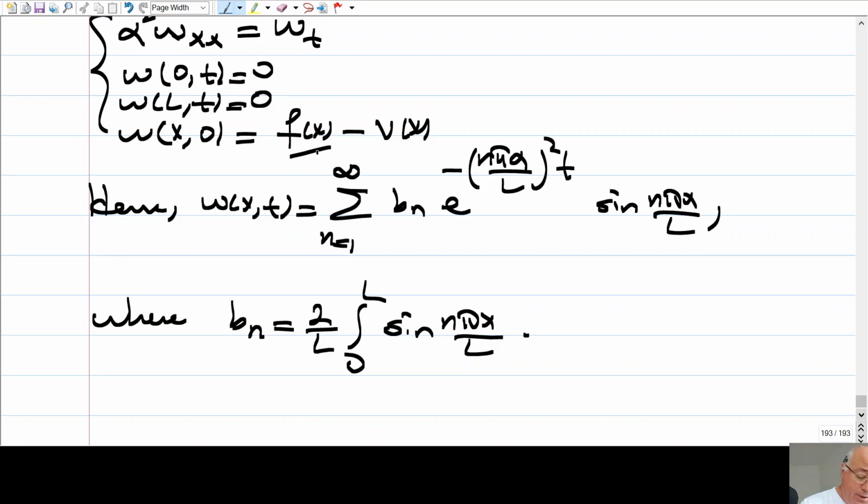But my f is not the original f, it is the shifted f, so it is f of x minus v of x, and then dx. So w is this.